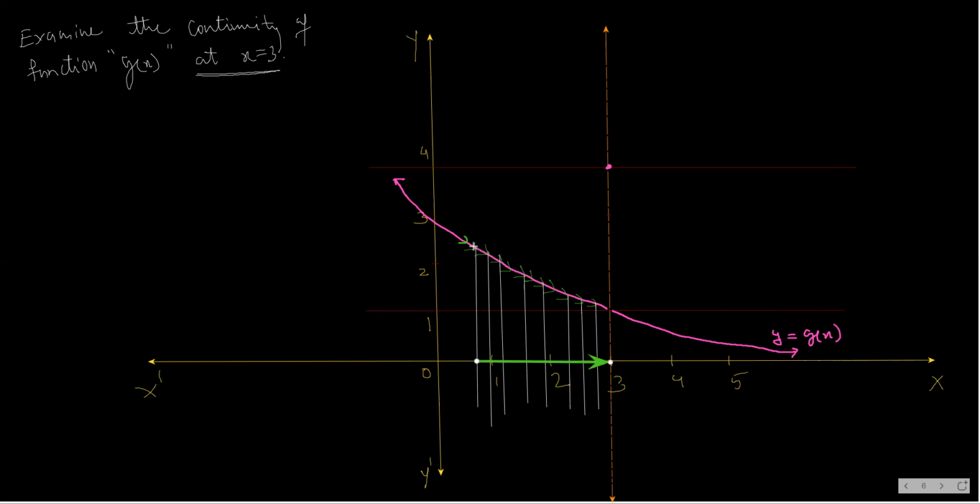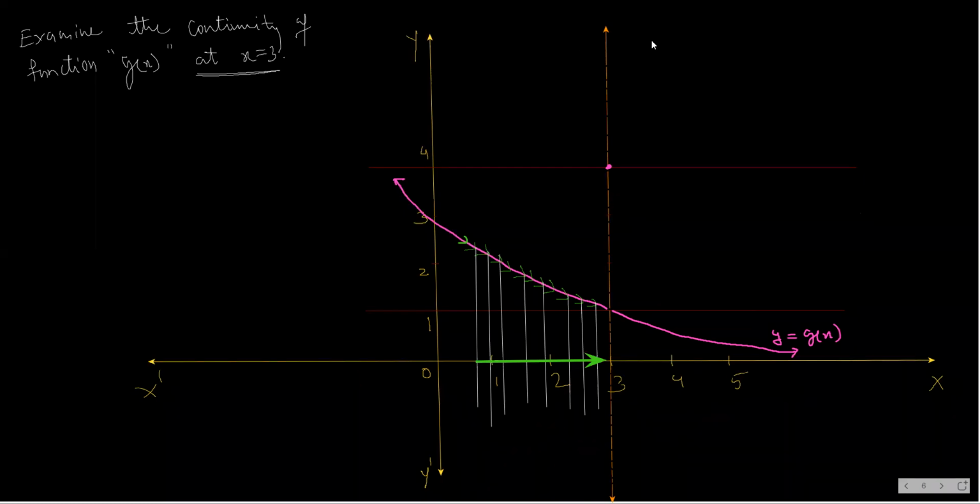As you move on the function this way, the x value for every point would increase. And what is x approaching? X is approaching number 3. And when x is approaching number 3, see what g of x is approaching.